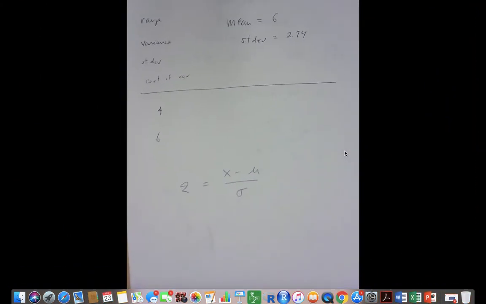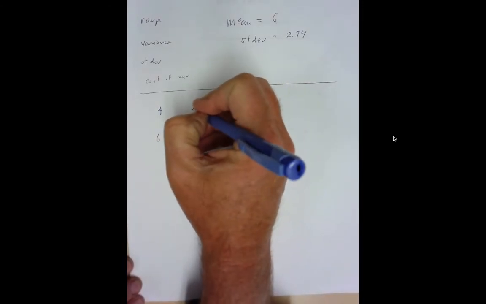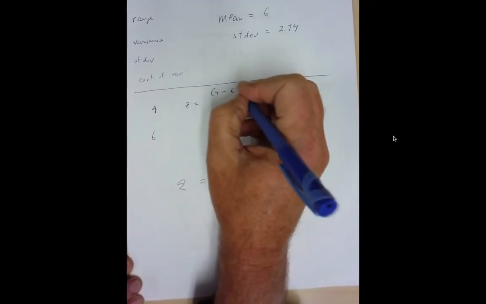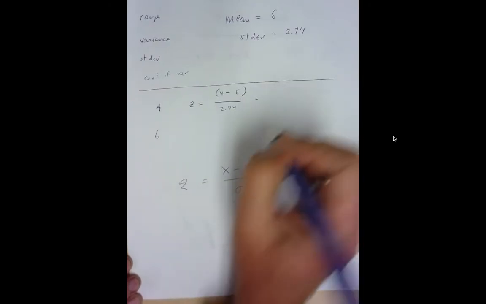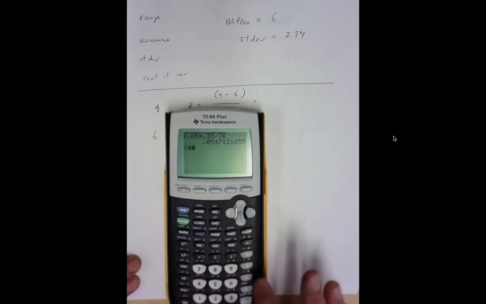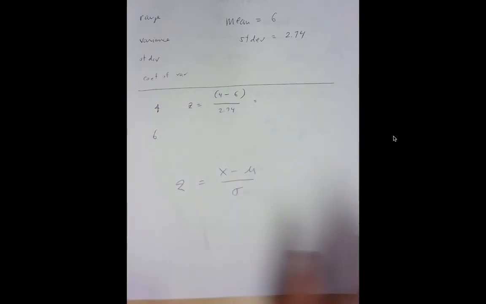All right, so guys, if I go back over here, I've written this down. So to find it for 4, the z-value is going to be 4 minus the mean over the 2.74. So negative 0.73.